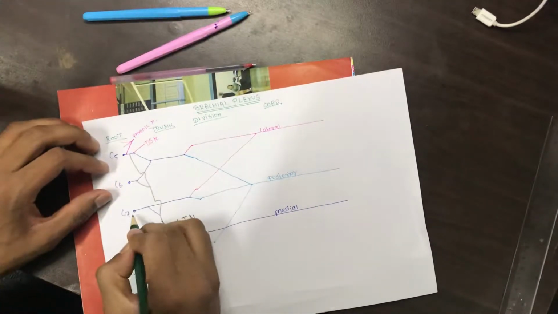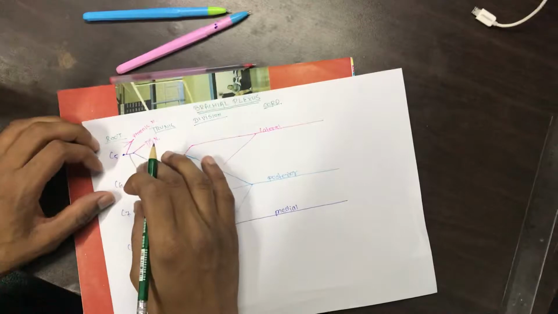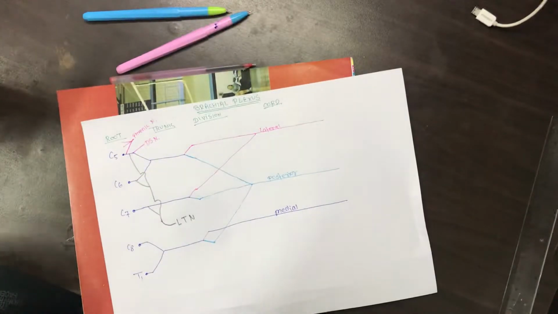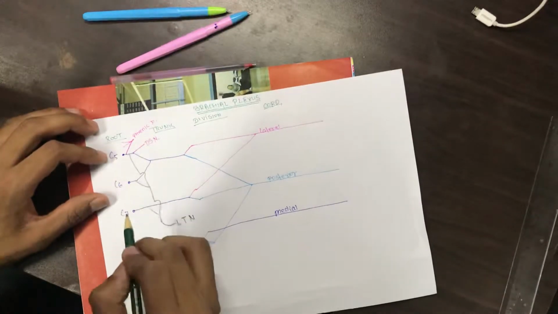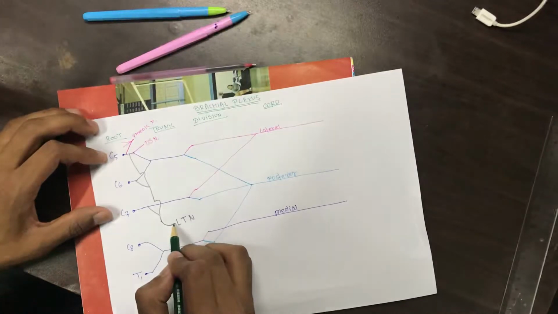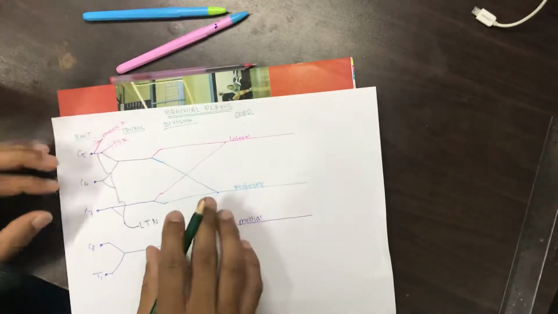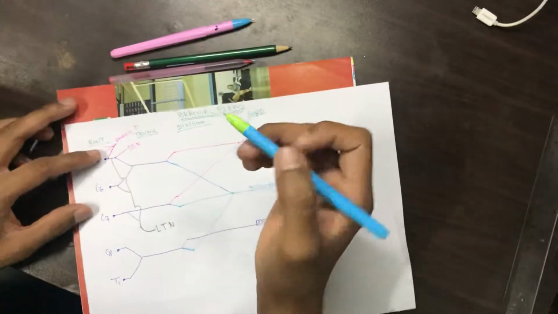So branches from roots C5, C6 and C7 join together and form the long thoracic nerve. Then we will go to branches coming out of the trunk.